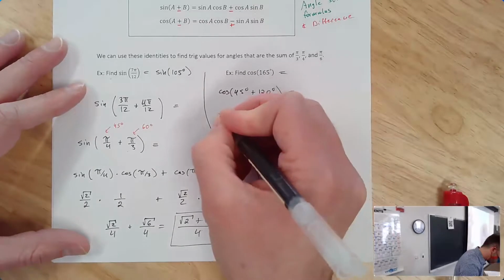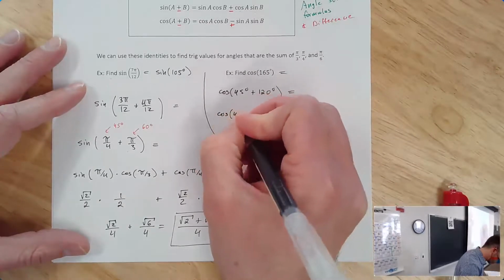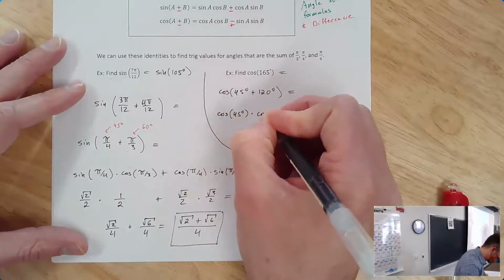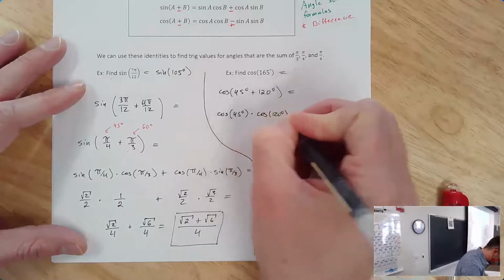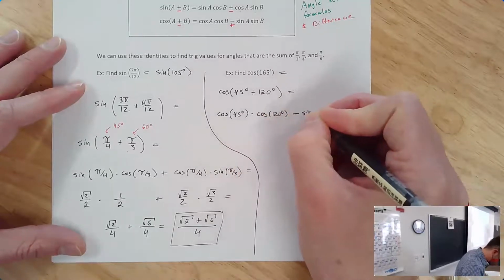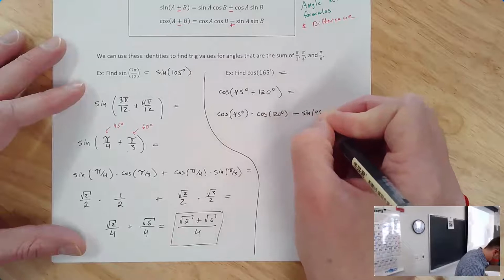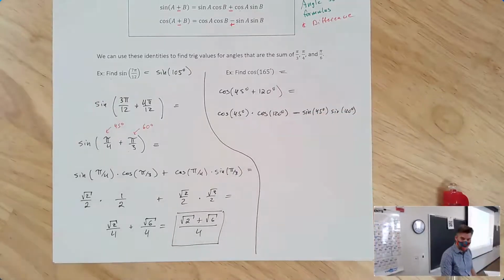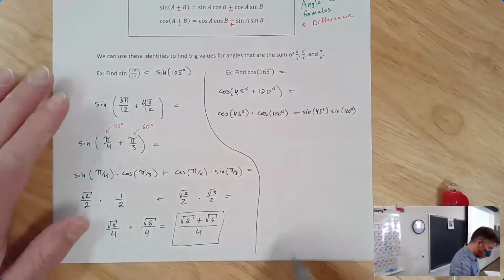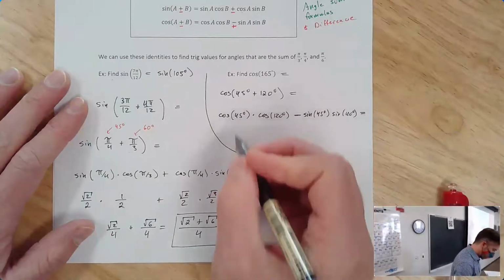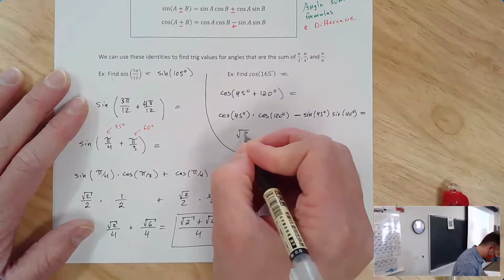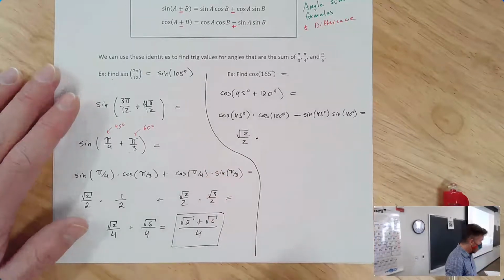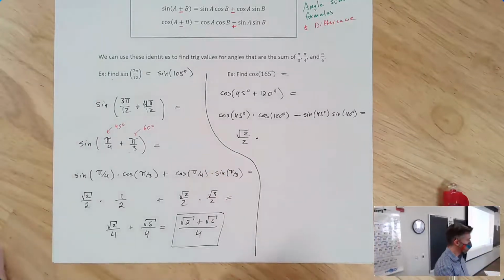So this is going to be cosine of 45 degrees times cosine of 120 degrees, minus sine of 45 degrees times sine of 120 degrees. Cosine of 45 degrees is the square root of 2 over 2. Cosine of 120 degrees: well, 120 degrees is in quadrant 2 where cosine is negative.